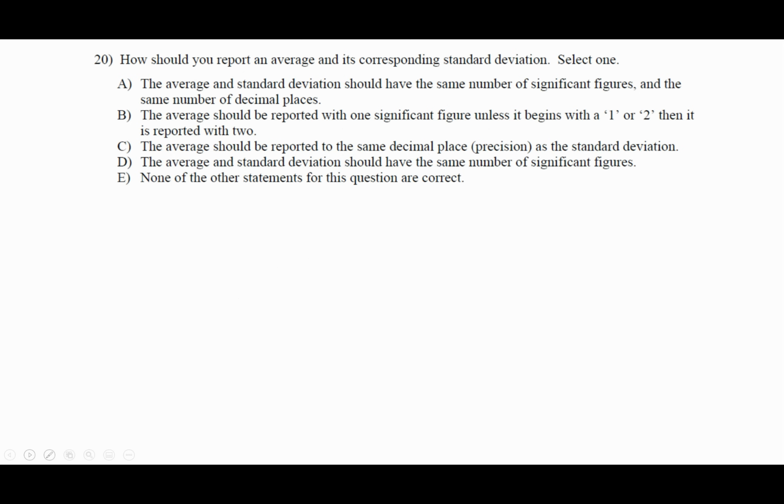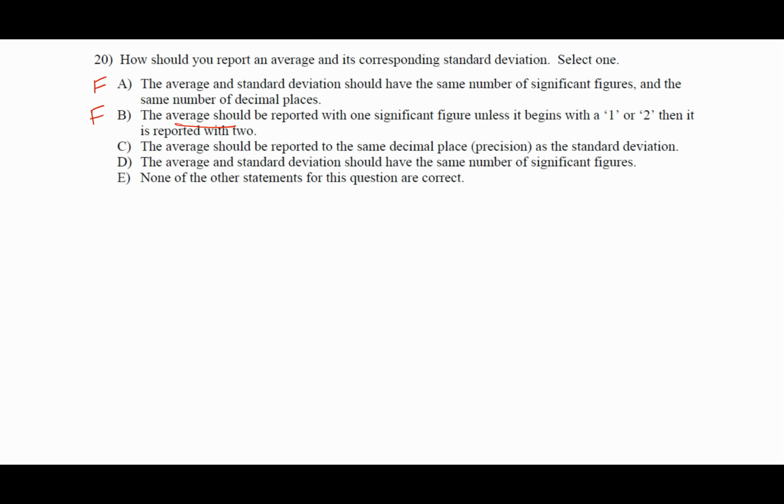How should you report an average and its corresponding standard deviation? Select 1. The average and standard deviation should have the same number of significant figures. Well, that doesn't make sense because we report the error with 1 sig fig and the answer can have a lot more. So, absolutely wrong. The average should be reported with 1 sig fig unless it begins with a 1 or 2. No, not the average, the error.